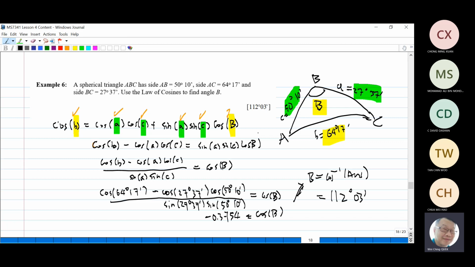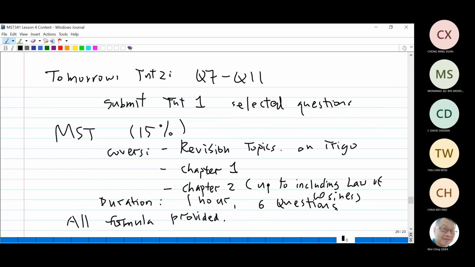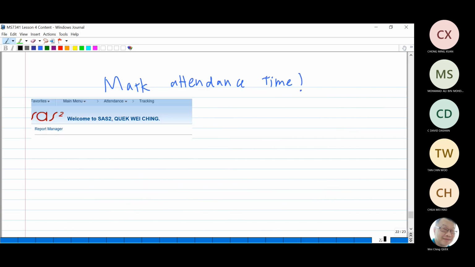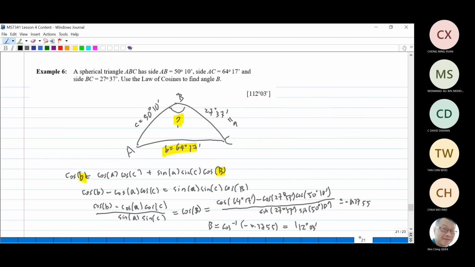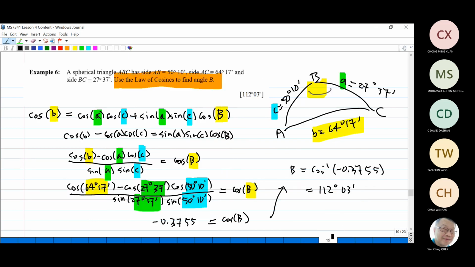Okay, so let's see if there is any more. Let me say what the MSC will cover. MSC will cover until here, until the law of cosine.